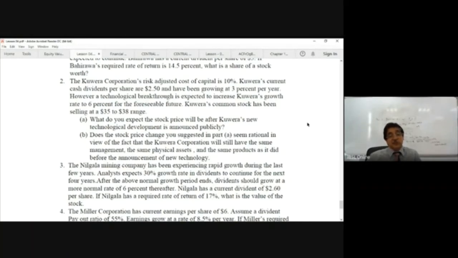Now, what it suggests is whether you agree that this should happen in this manner with the same physical assets, the same type of management and same products. Right, what do you say? So you need to have some answer for this also.